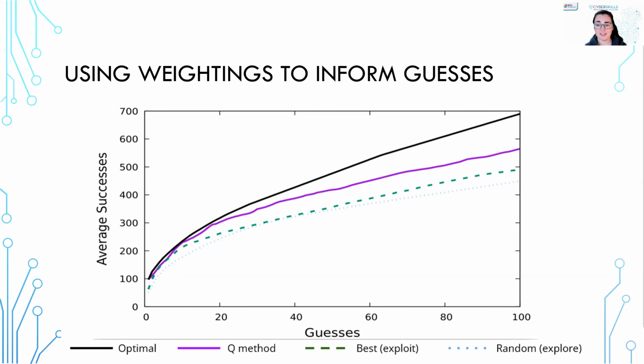That basically says, if I guessed the passwords for this password set in the exact right order, how many users would I have compromised after 20 guesses, after 40 guesses, and so on. So yeah, our Q method does the best. The best method is next, and then the random method. And it's not that far off the optimal guessing strategy that we'd expect.